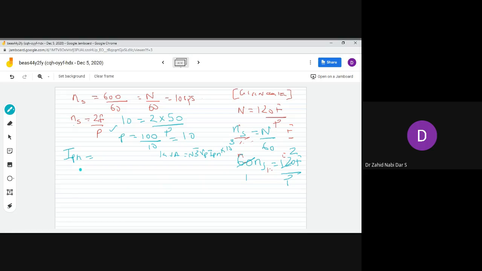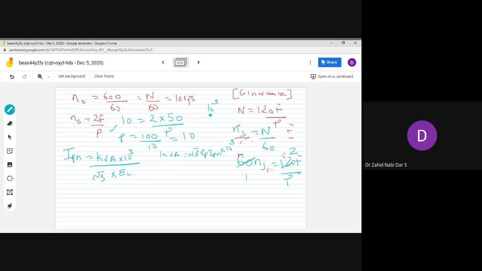So I phase would be equal to kVA into 10 power 3 over root 3 into E line. The kVA value mentioned is 500 kVA.